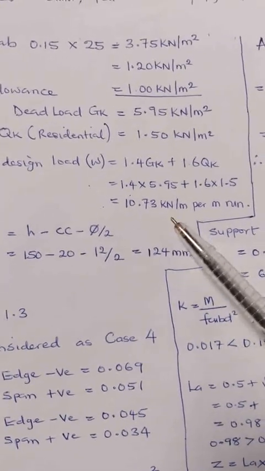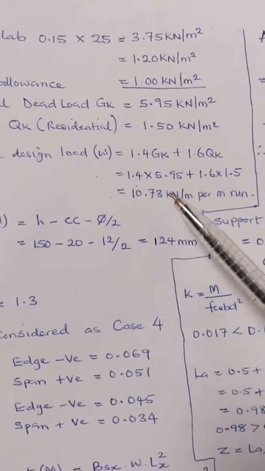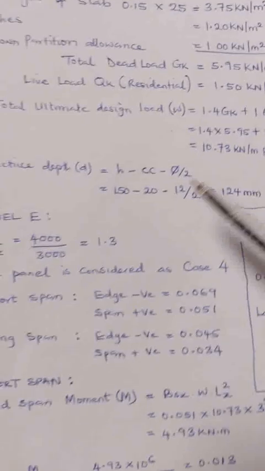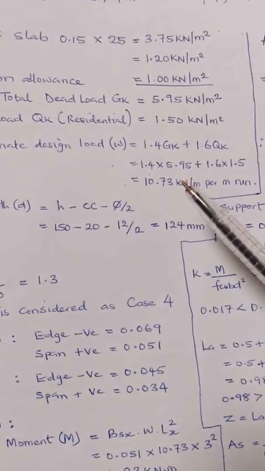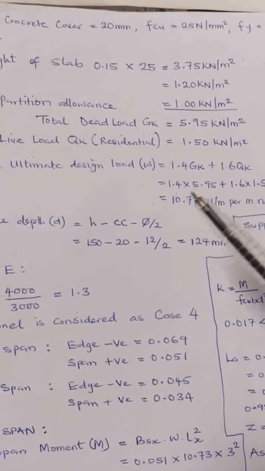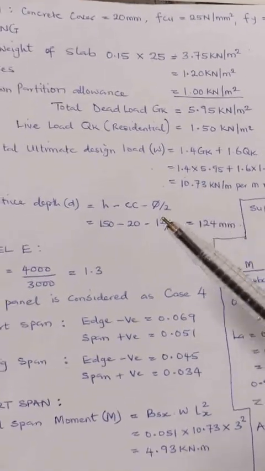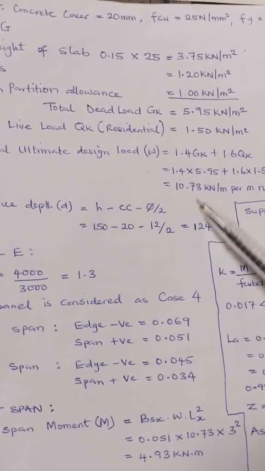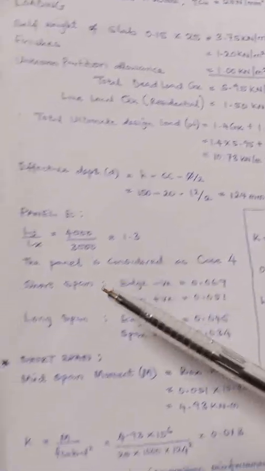That means we have to incorporate it here, because it will be those two acting on that slab. But if there is none, this design load spreads all through that slab. So when you're considering the panels, this becomes your ultimate design load.